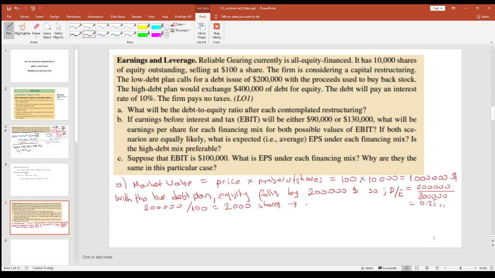And what remained in the market is, from 10,000 shares, you buy back 2,000 shares, so 8,000 shares remain outstanding.